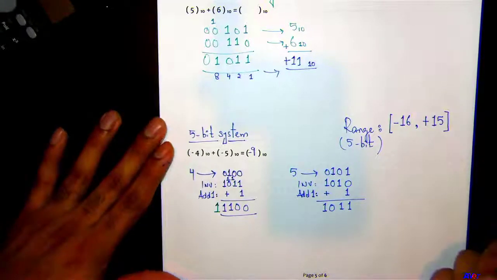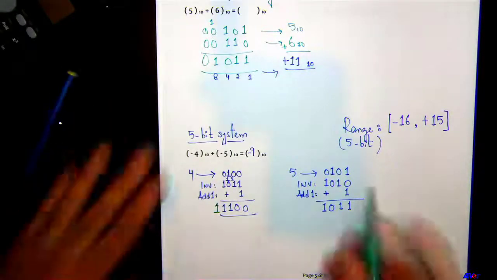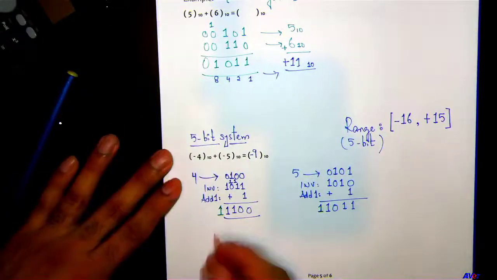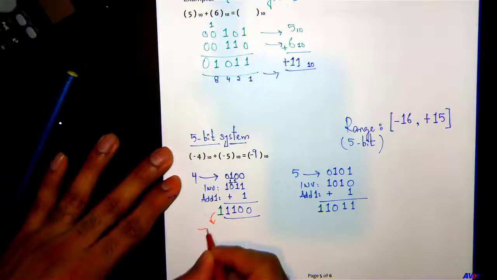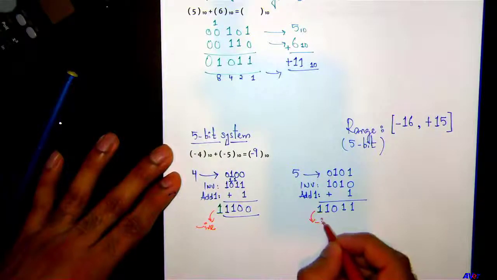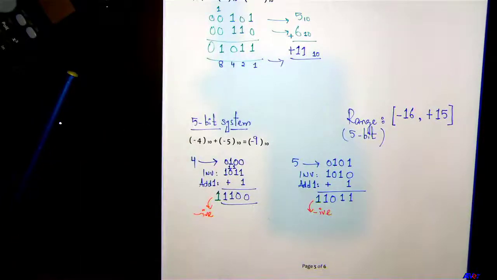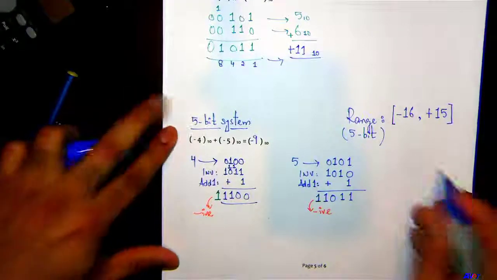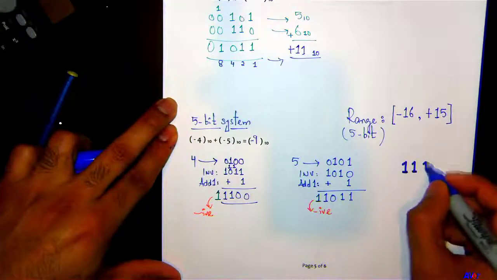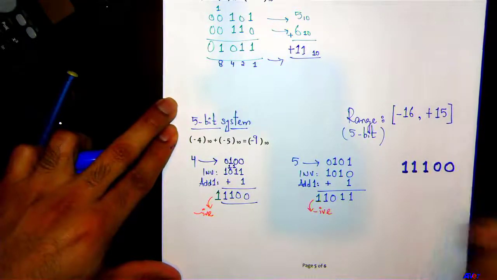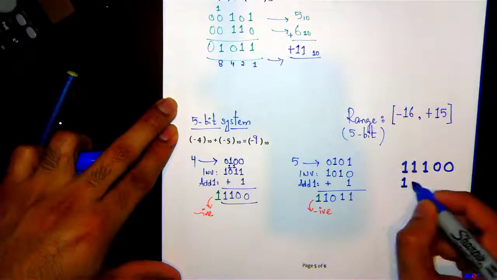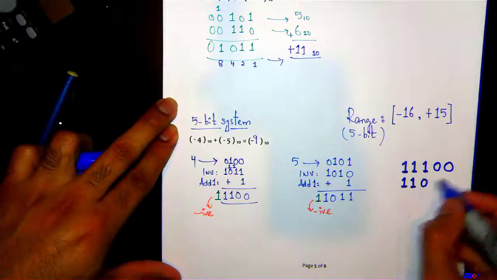And what do I add to the left? 1, right? Okay, all right. I'm going to put these numbers right here on the side. 111, 00, 1 2 3 4 5 bits, and then double ones 1 0 1 1.